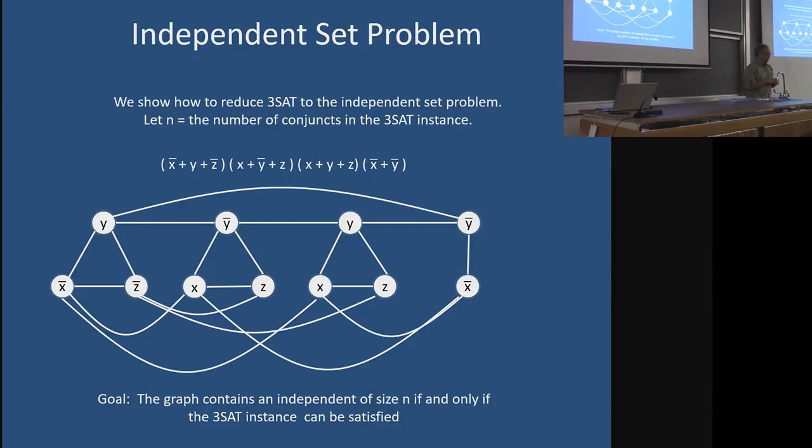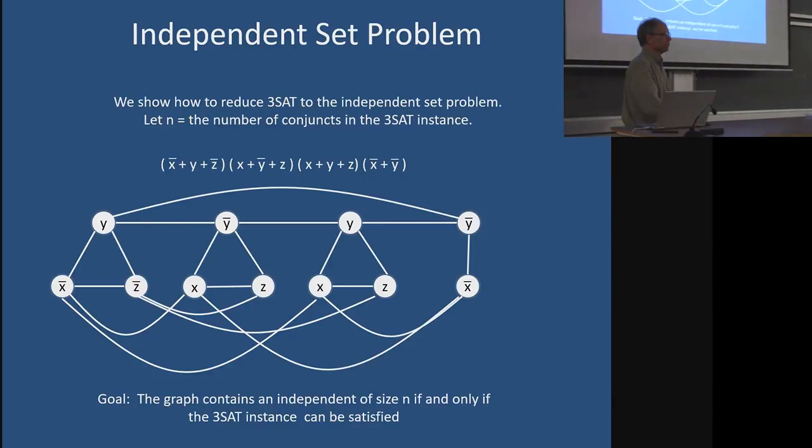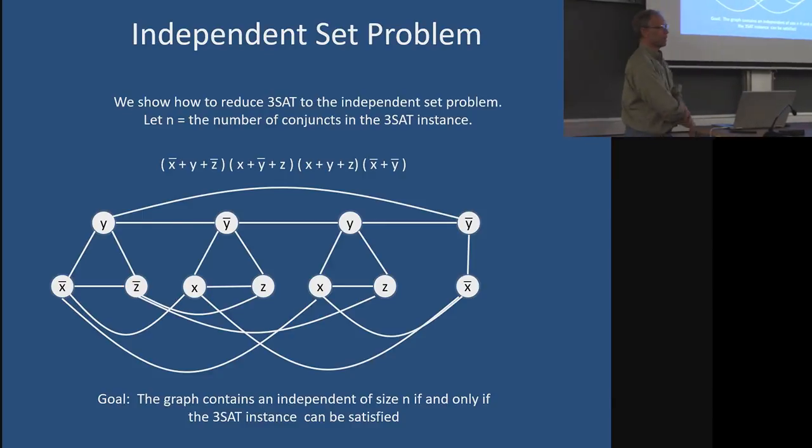Right. So the vertices that you picked become true. Since we picked x bar, we're saying x is false up there. Since we picked y bar to be true, we're saying y is false up there. And since we picked z, we say z is true. So the solution found here is x is false, y is false, z is true. And that is indeed a solution to that thing up there.